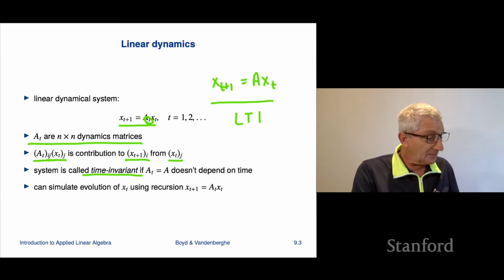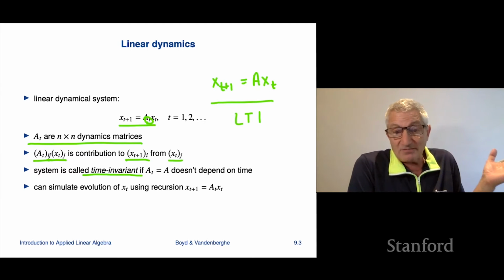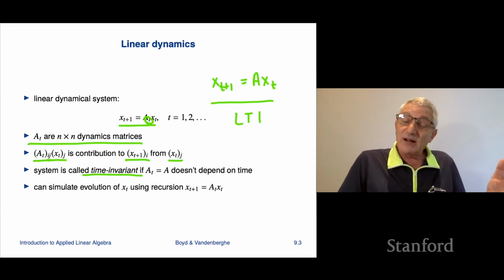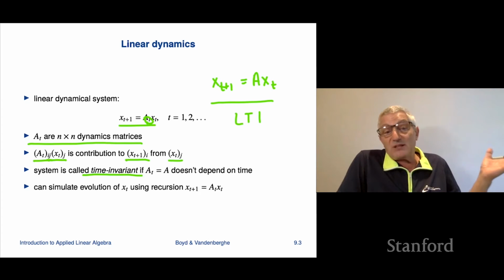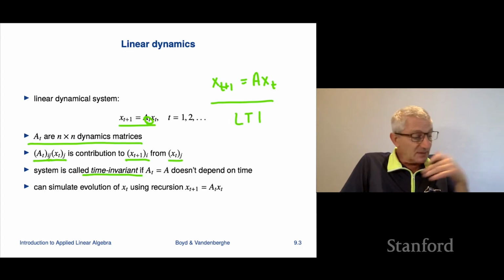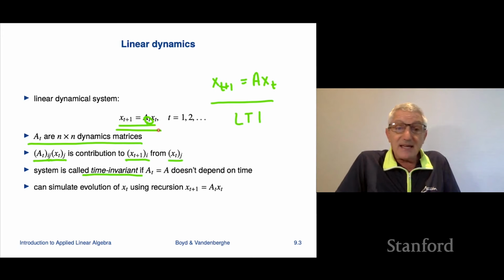Now, one thing to say right now is, of course, many dynamical systems do not evolve according to these equations, but it turns out a lot of them do either pretty well or at least approximately. And one thing to notice immediately is that you can interpret this as a recursion.